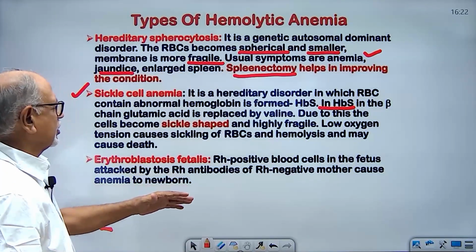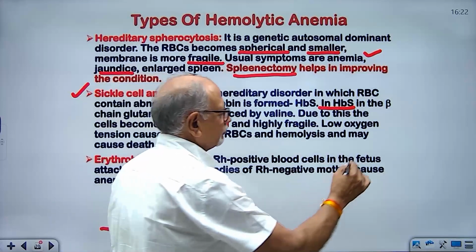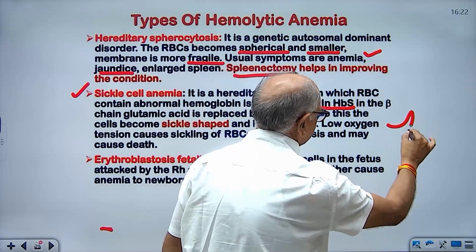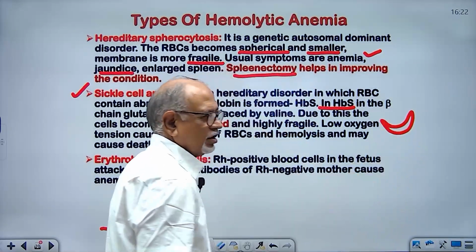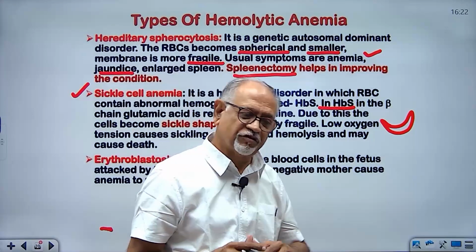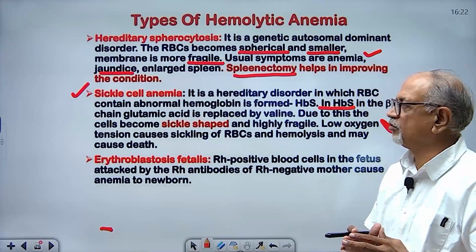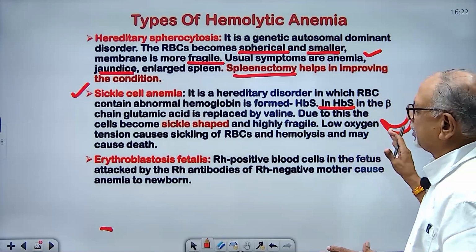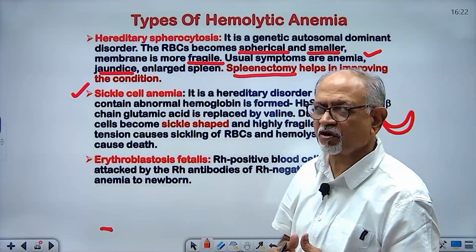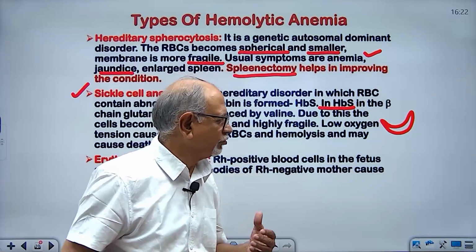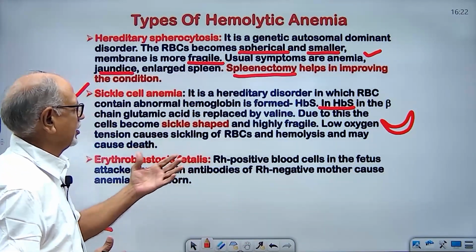At the same time, the shape of the RBC also changes to sickle cell. So, such RBCs do not have proper amount of hemoglobin, and the sickle cells are destroyed easily. So, this is called as sickle cell anemia.